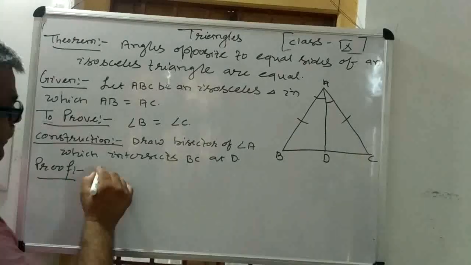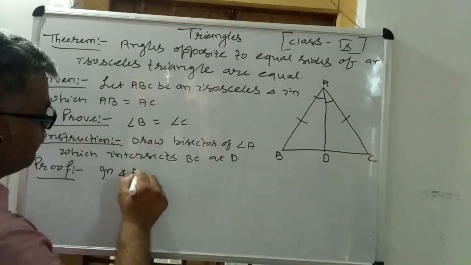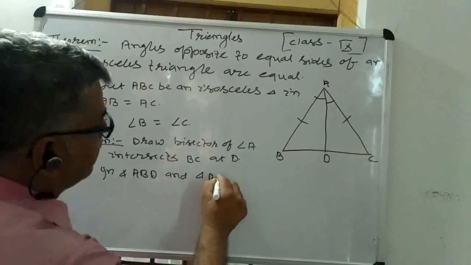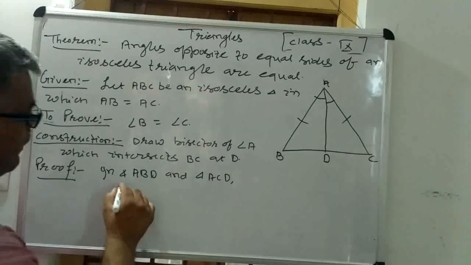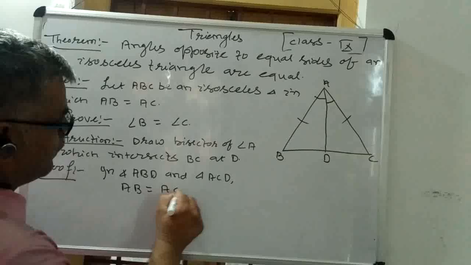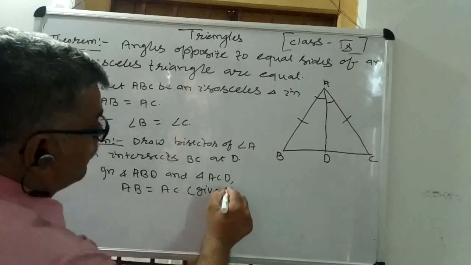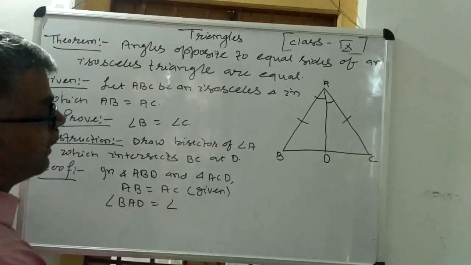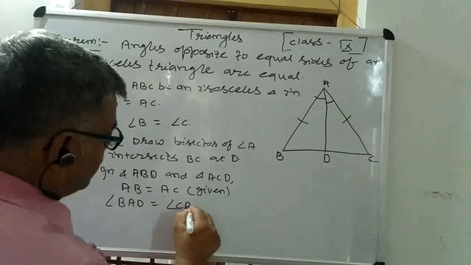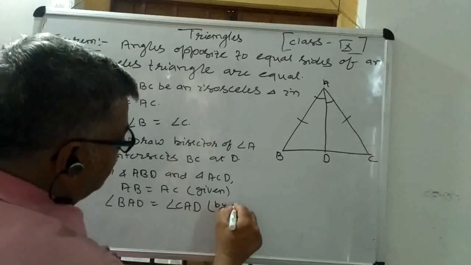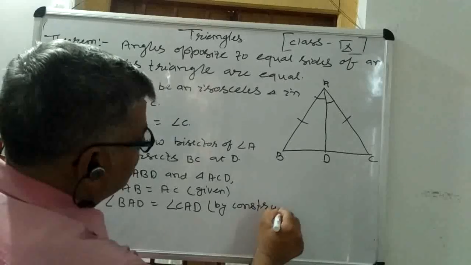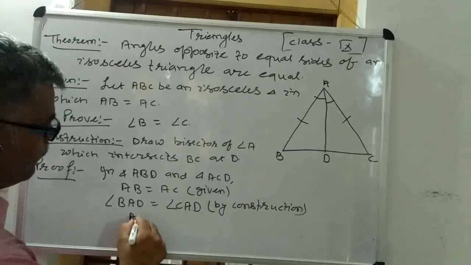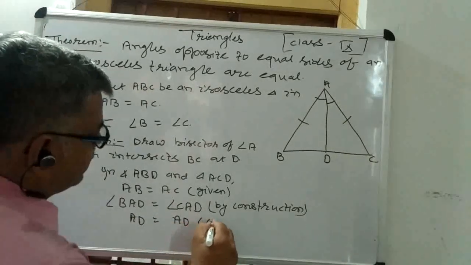In triangle ABD and in triangle ACD we have AB equals AC, which is given. Angle BAD equals angle CAD. This is by construction. And AD equals AD, which is common.